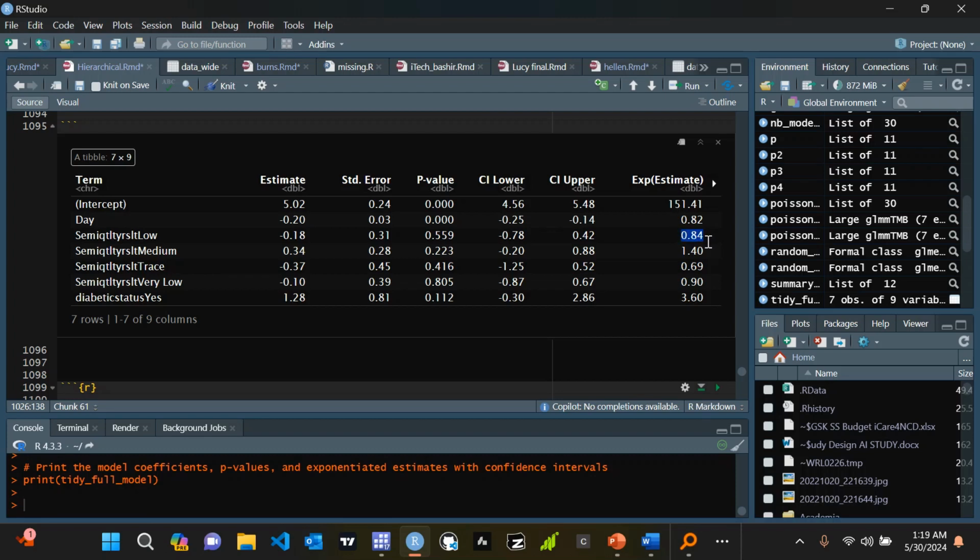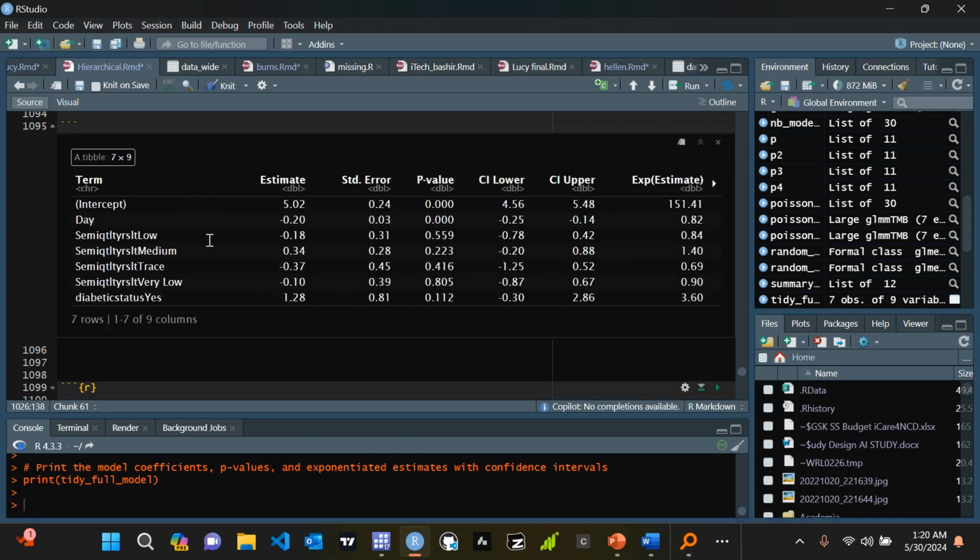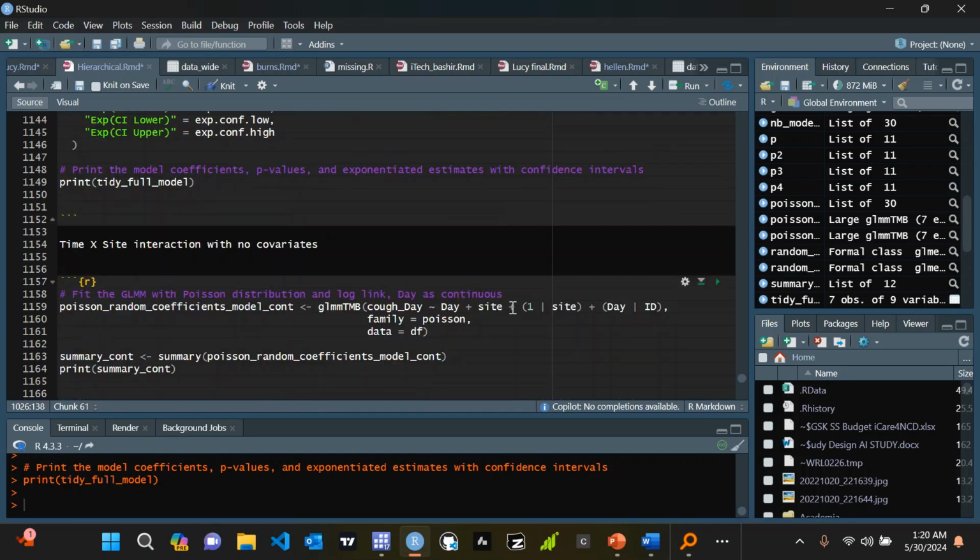It now says that those who have diabetes have 3.6 times more co-frequencies compared to those who don't have diabetes. That's how we interpret these coefficients. If it is less than 1, it means it's a protective factor, and if it is more than 1, it means it's a risk.